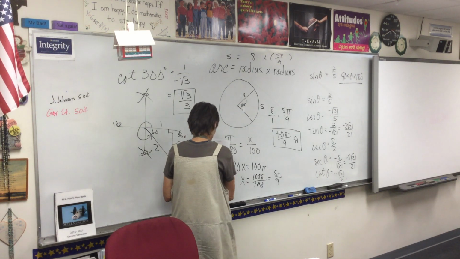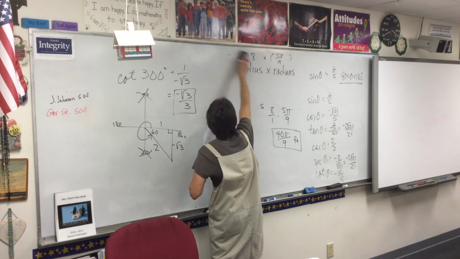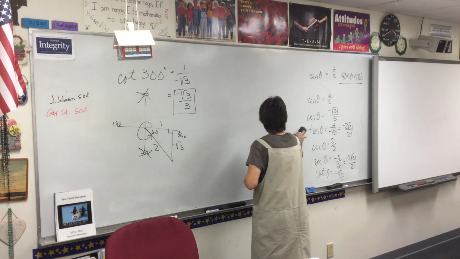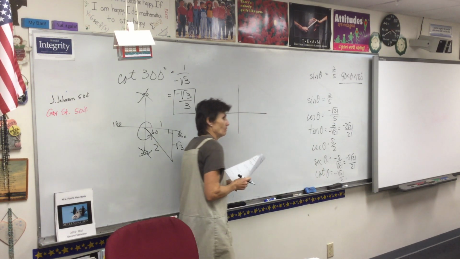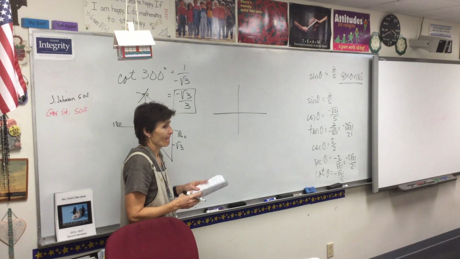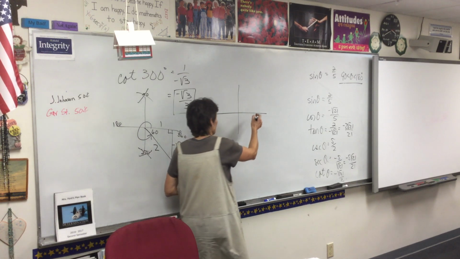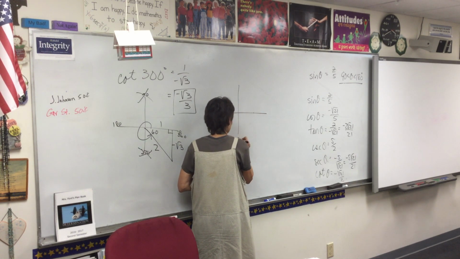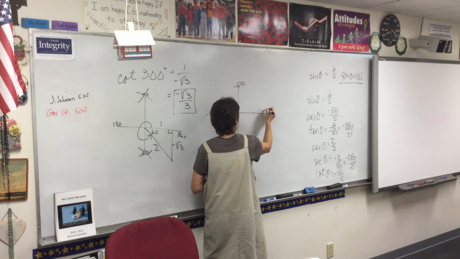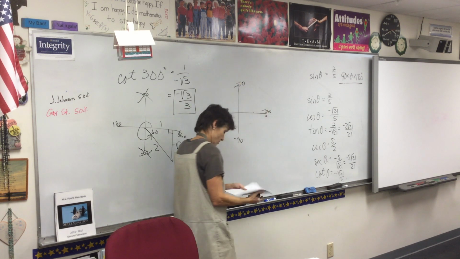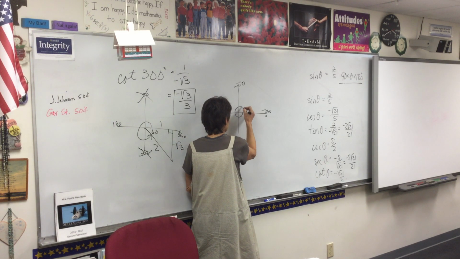All right, B. Oh my, this one's tricky. Negative 420. Well, first of all, what does negative mean? Down and around, right? I'm going to go this way. So if I go this way, this would be negative 90, negative 180, negative 270, and negative 360. Wait a minute though. Negative 420, that means I go all the way around to here, right?